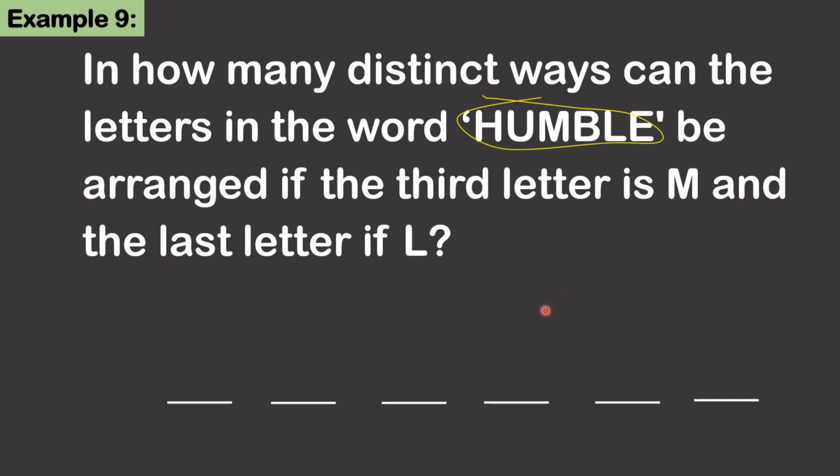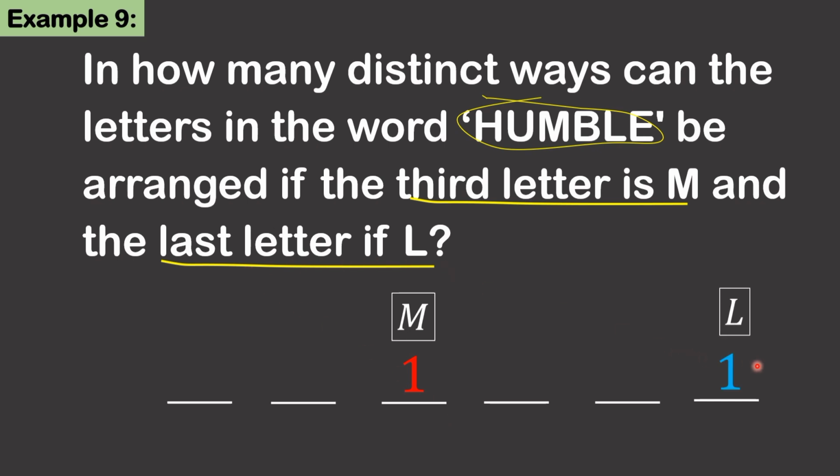The third letter is M, so it is fixed in the third position. So there is only one choice for the third position. Then the last letter is L. There is only one choice for this position, and that is L.